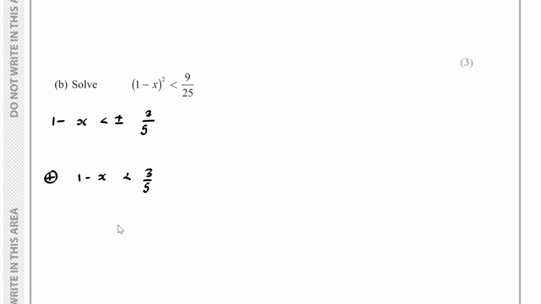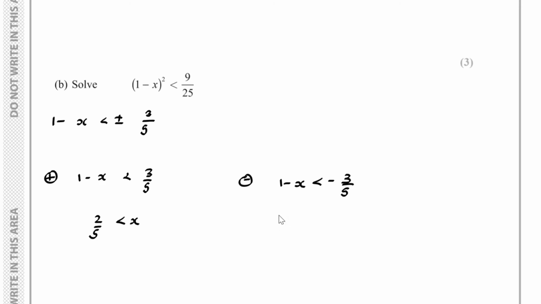So we've got x which is greater than 2/5. And if I deal with the negative, we've got 1 minus x which is less than minus 3/5.